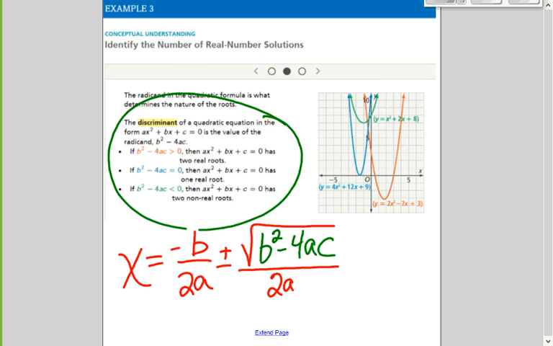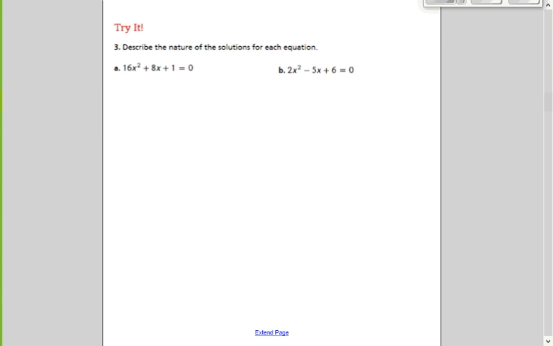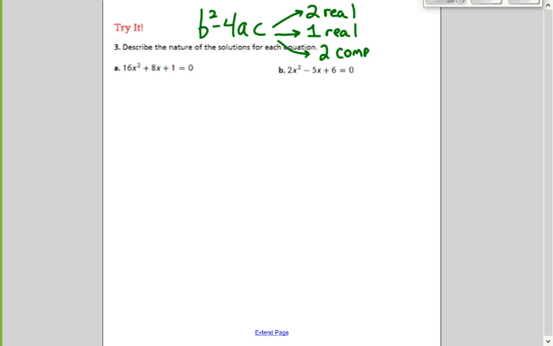So let's see that in action with the triad here. All we have to do is check b squared minus 4ac. They're not asking for the solutions. They're just asking you to say whether it is two real solutions, one real solution, or two complex solutions.